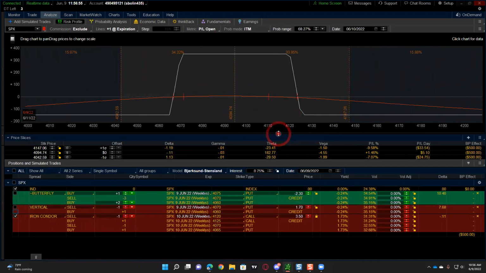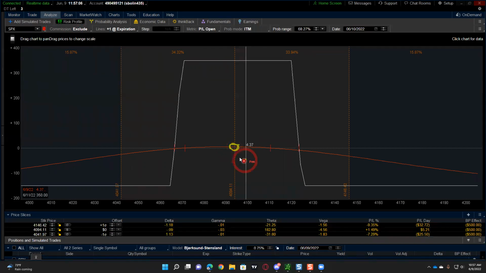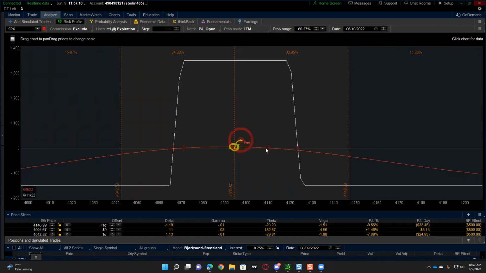Now, if you notice this Iron Condor, while it's not perfect, it's pretty close. What we're trying to do in a delta neutral situation is center that Iron Condor. We want to open it while price is pretty close to the middle of the trade, so it's about equidistant to each side.